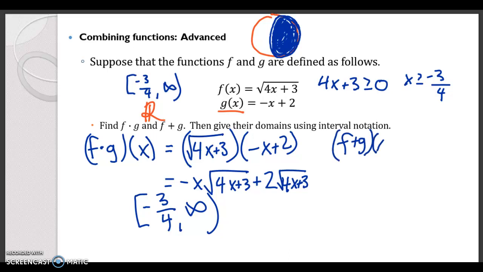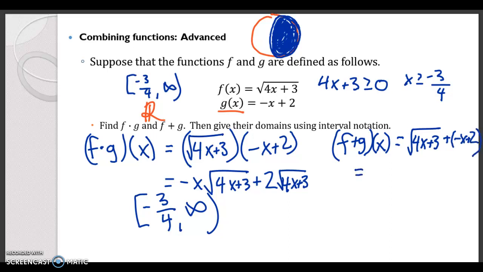Now f plus g of x equals square root of 4x plus 3 plus negative x plus 2.